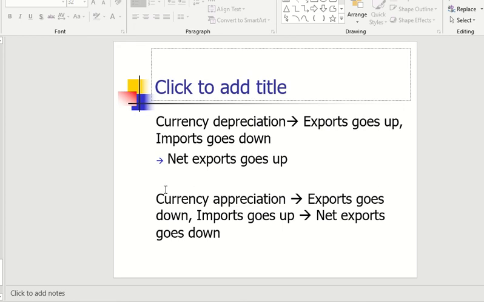At the same time, when the US dollar strengthens, Americans are likely to find foreign goods cheaper. So Americans are likely to buy more from other countries. So we're likely to see an increase in imports. So net exports are likely to come down. Okay? So this is what usually happens.